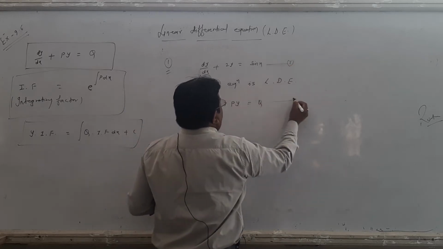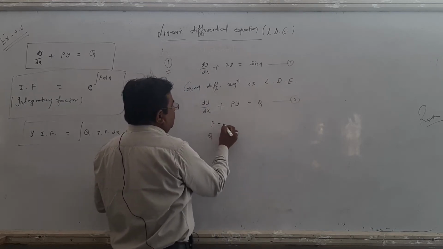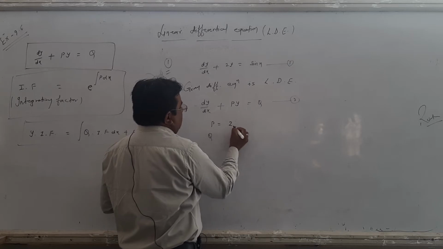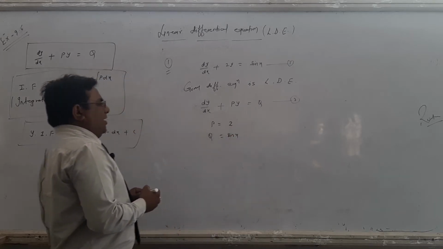And now compare these two equations and find p and q. What is p? p is the coefficient of y, which is 2, and q is the right hand side, that is sin x. So first thing, now find p and q.